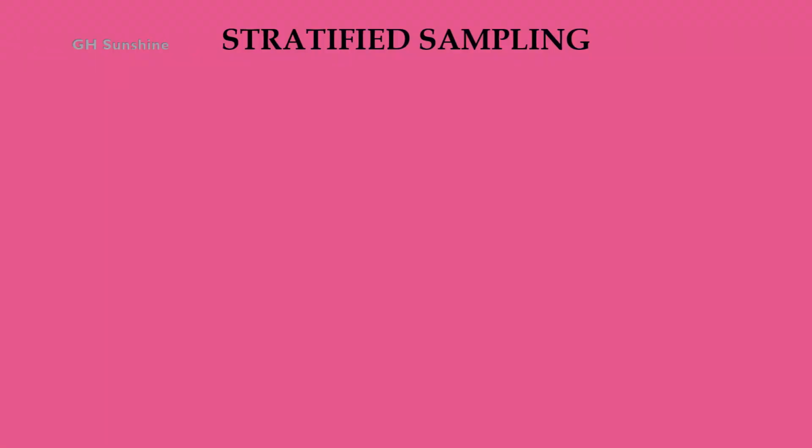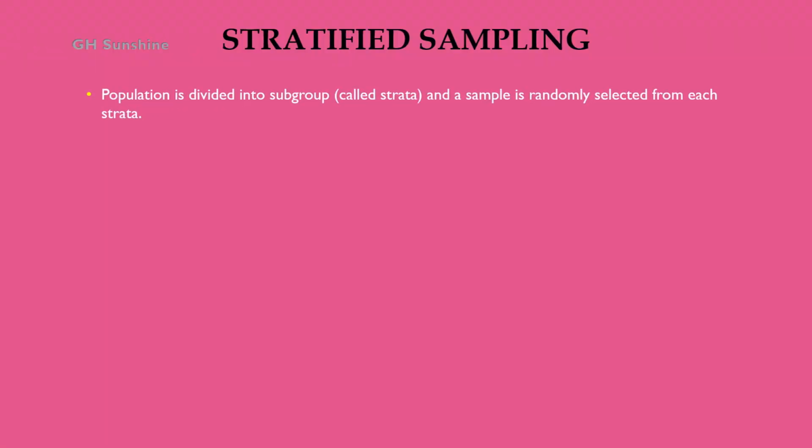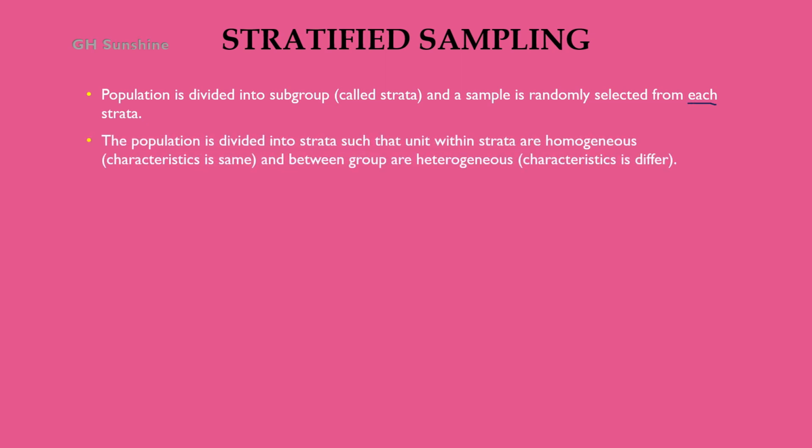Next, stratified sampling technique. The population is divided into subgroups. We call them strata, and a sample is randomly selected from each stratum. The population is divided into strata such that units within a stratum are homogeneous, meaning that the characteristics are the same.